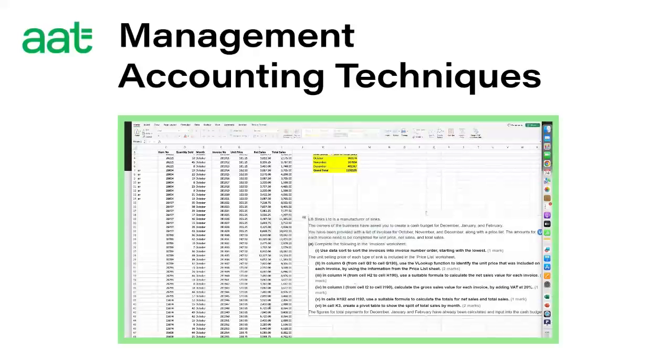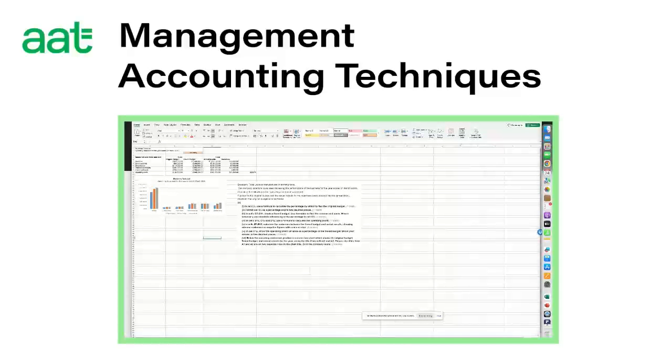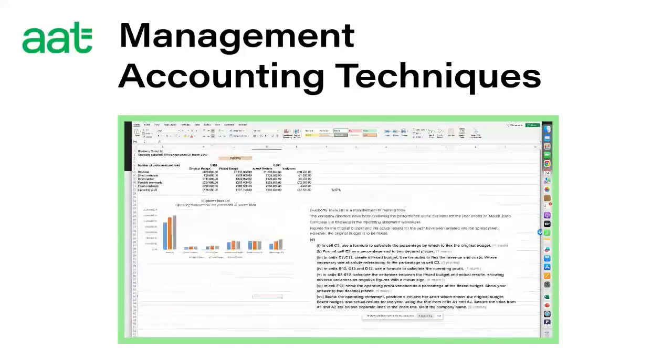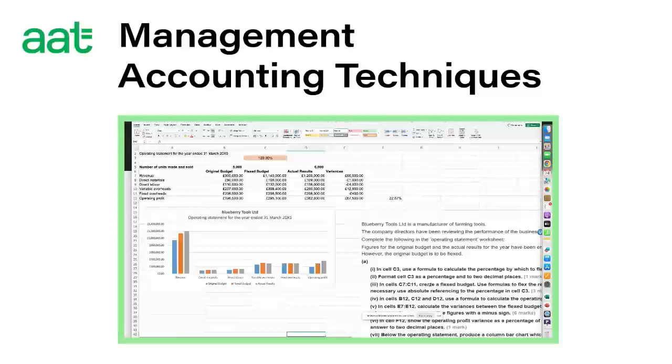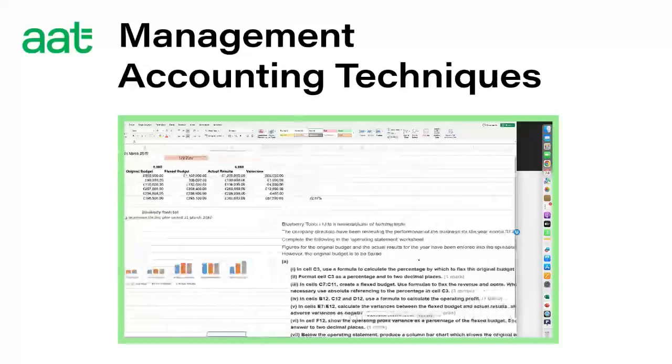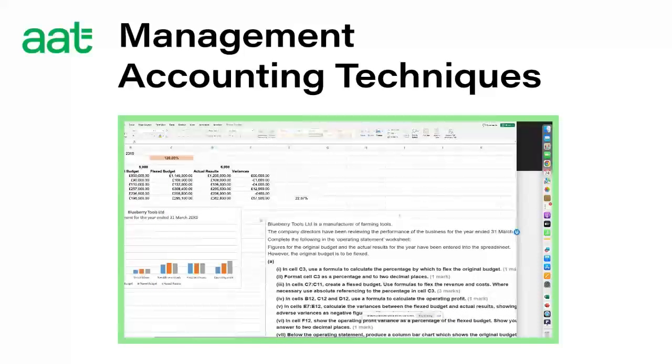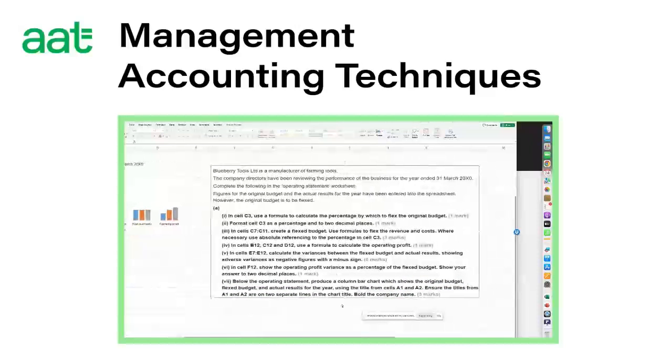Well, if you look at task 6 here, that's task 6 I've put on there from AAT's practice assessment. Now, what they asked students to do, they said to calculate variances. I don't know if you can see that very well, but I'm reading number 5.